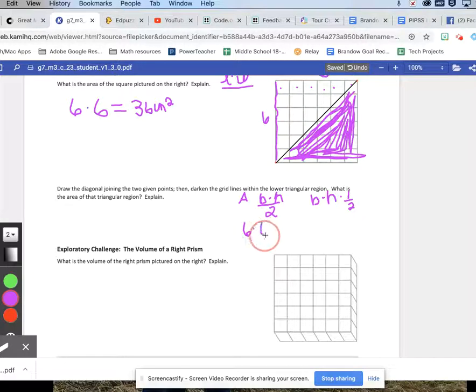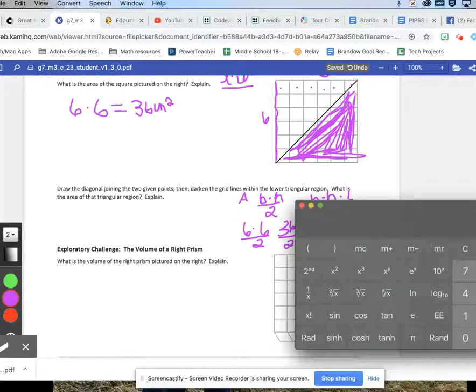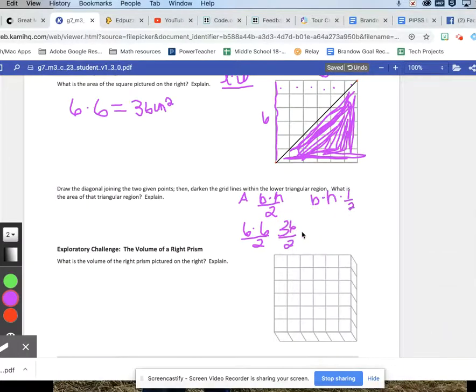Height was, again, 6 because it was a square, divided by 2. So this would be 36 divided by 2, which on my calculator, 36 divided by 2 is 18. And it'd be units squared.